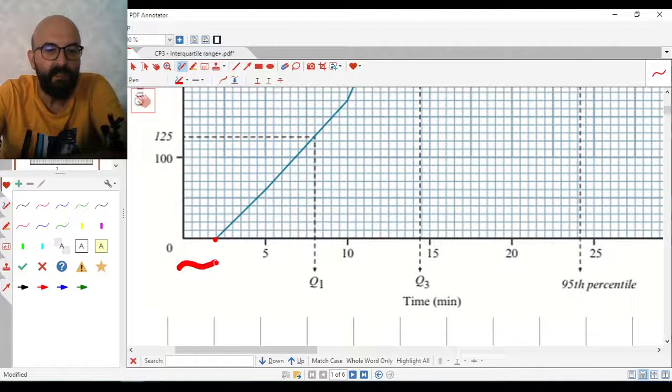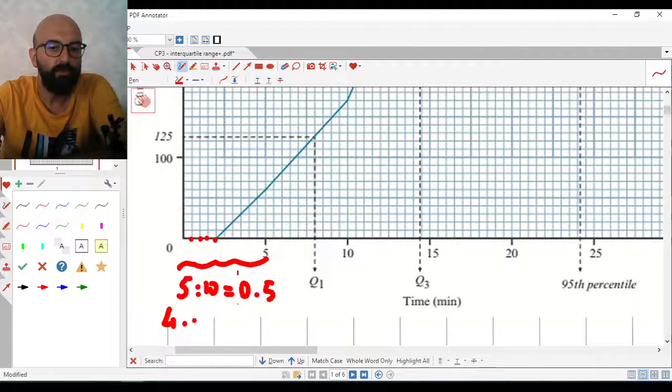So this range is 1, 2, 3, 4, 5, 6, 7, 8, 9, 10 squares. So 5 divided by 10 means 0.5, so each square equals 0.5. So 1, 2, 3, 4, and the smallest value is 4 multiplied by 0.5, which means 2.